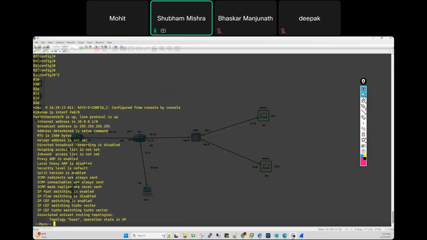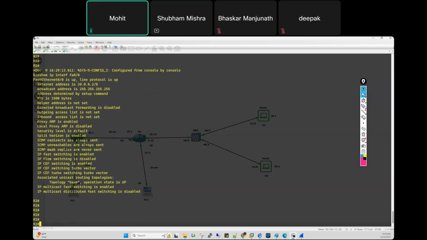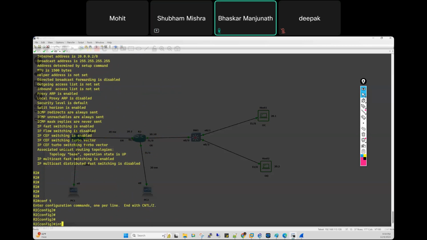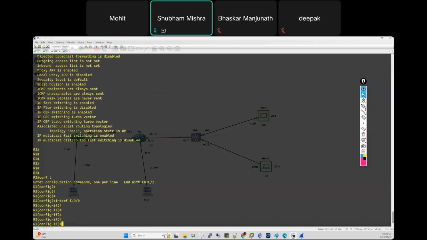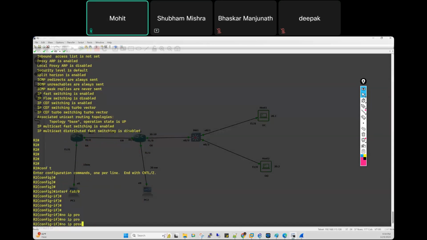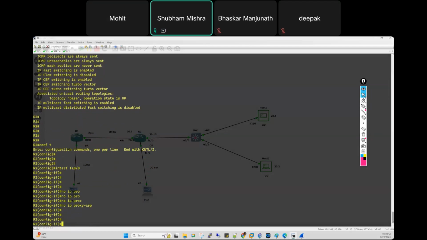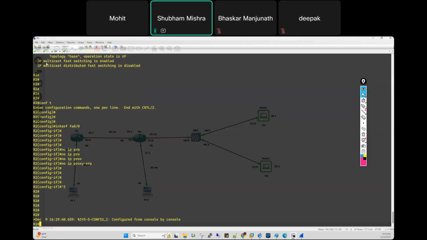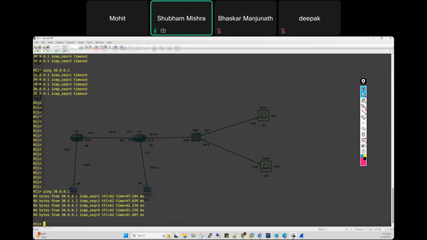IP interface FastEthernet 0/0: proxy ARP is enabled. Yes or no? What is the command to disable the proxy ARP, guys? No IP proxy ARP. So I disable the proxy ARP from R2. Done? Now ping.